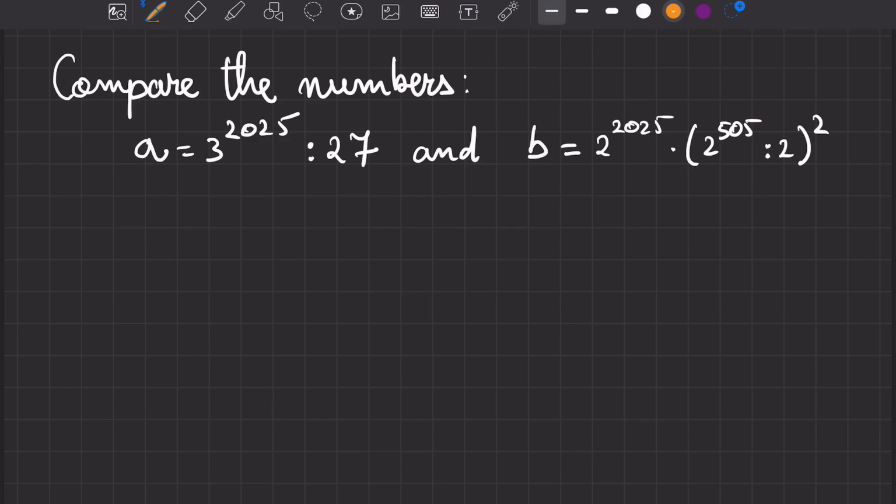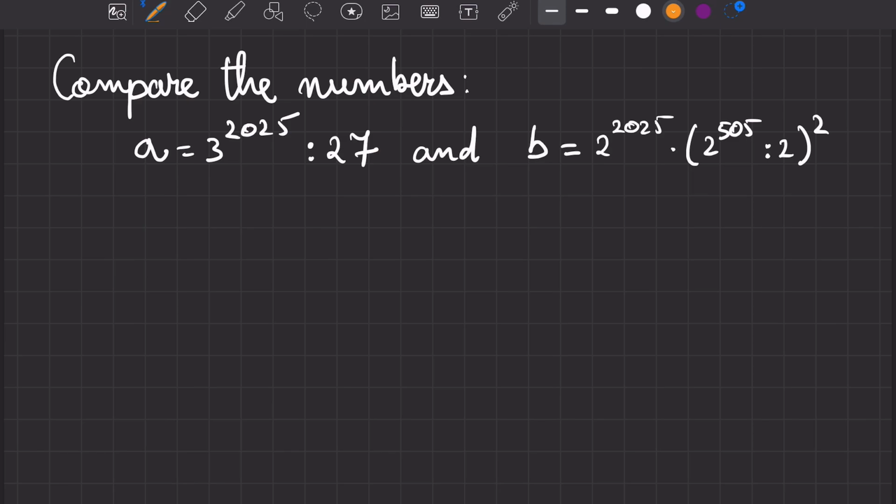Let's compare the numbers a equal to 3 to the power of 2025 divided by 27, and b, which is 2 to the power of 2025 multiplied by 2 to the power of 505 divided by 2, and the last two numbers are squared.